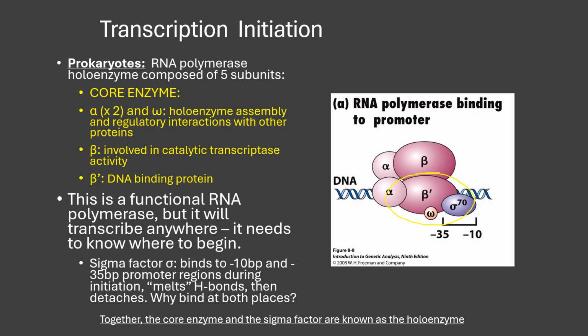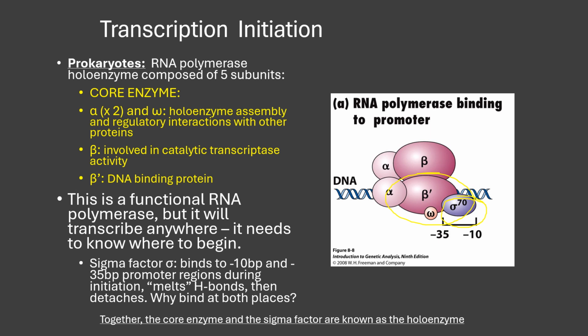And this alone, the alpha, the beta prime, and the omega subunits, is a functional RNA polymerase. Notice I haven't talked about this sigma subunit yet, but we will. It will transcribe anywhere, but it needs to know where to begin.